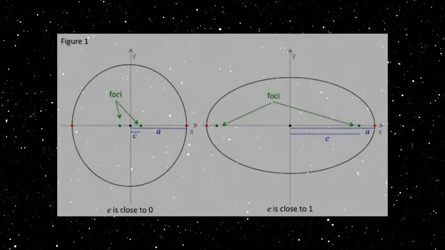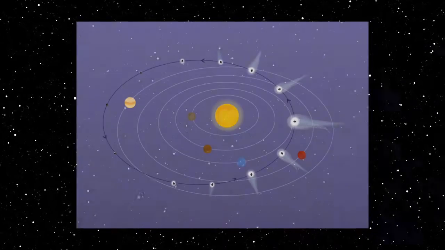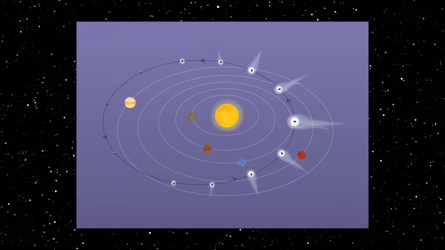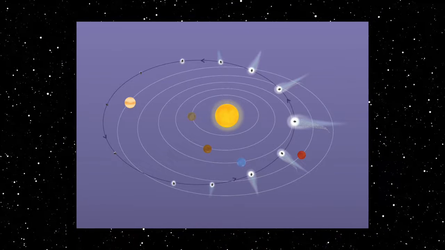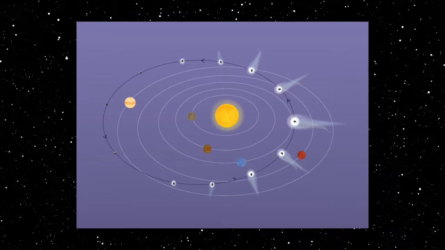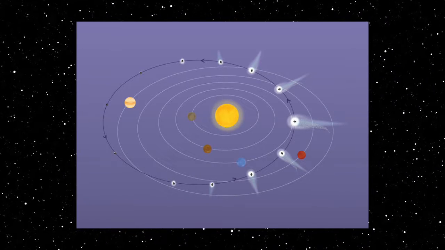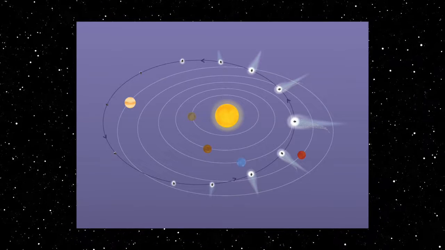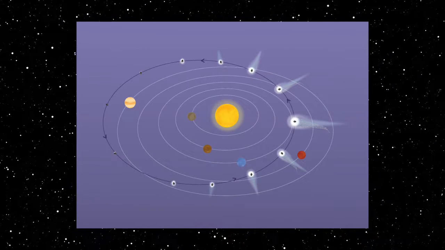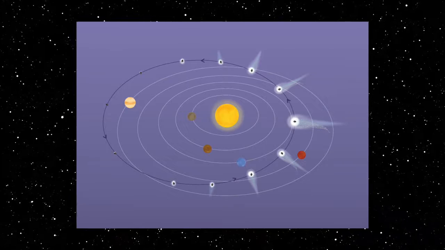For example, comets can have very eccentric orbits. Instead, the orbits of the planets in our solar system are not very eccentric at all. They are very similar to a circumference, which is partly why perfectly round orbits seemed what to expect at first.